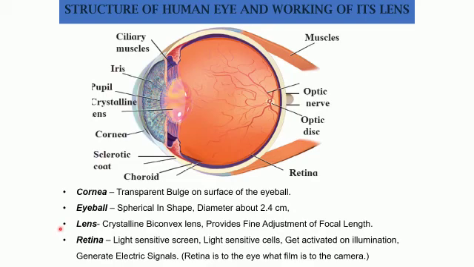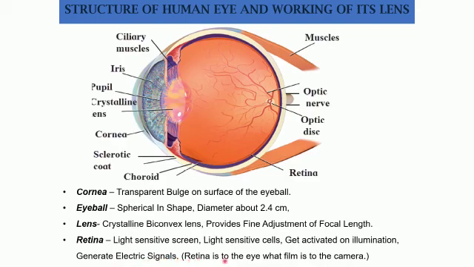We have a lens that is crystalline, biconvex, and it provides fine adjustment to the focal length. Retina, light sensitive screen, light sensitive cells are present which get activated on illumination and generate electric signals.